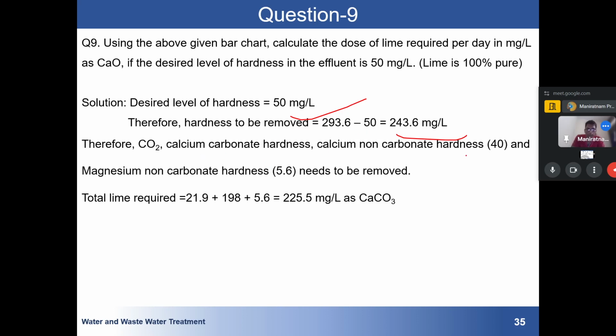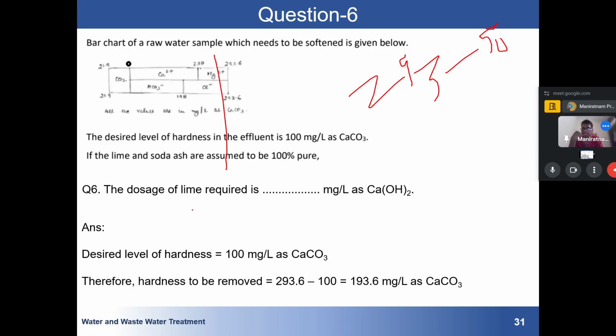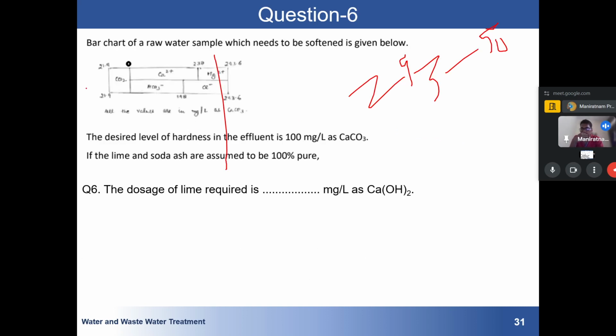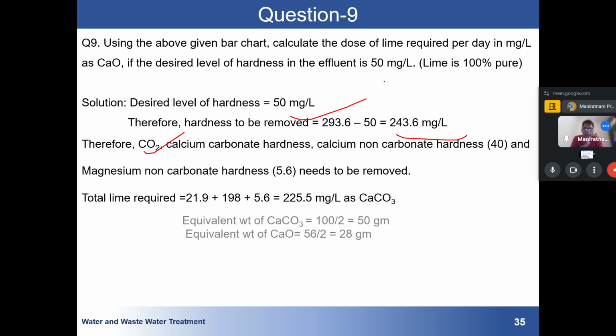The CO2 is 21.9, and the carbonate hardness is 198 because it goes from 0 to 198. Then you subtract from here, and if you do this calculation, you can find the non-carbonate hardness.